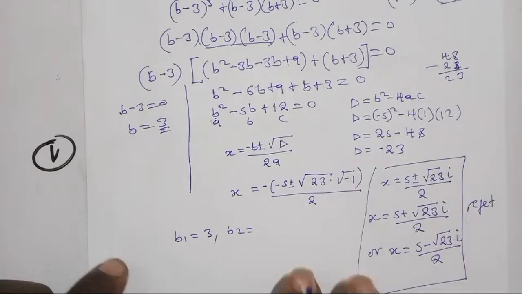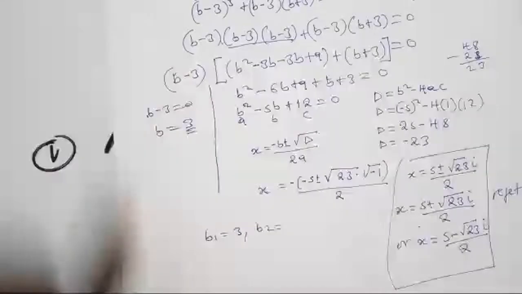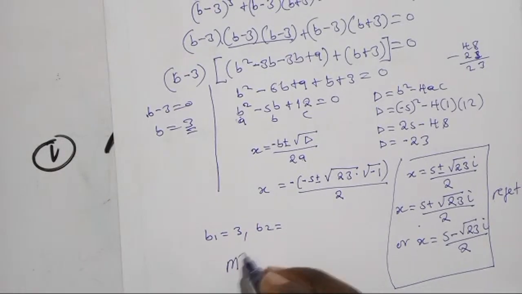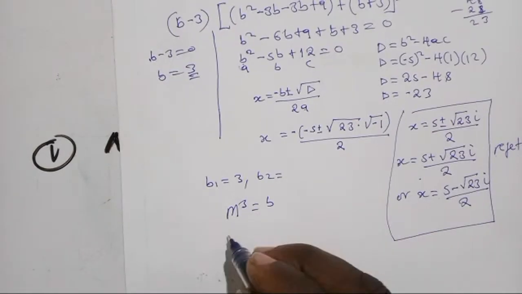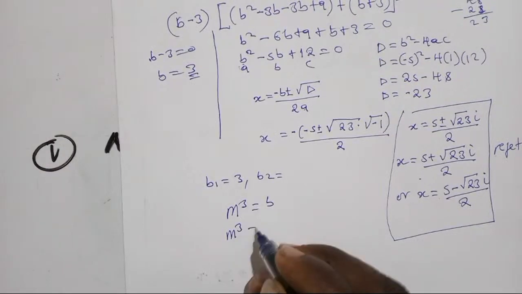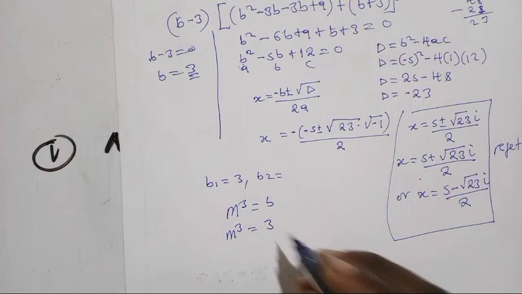So remember that we let here m to the power 3 be equal to b, so we have to say m to the power 3 is equal to b, then b we have found that it is 3, right? Then m to the power 3 will be equal to 3 here.